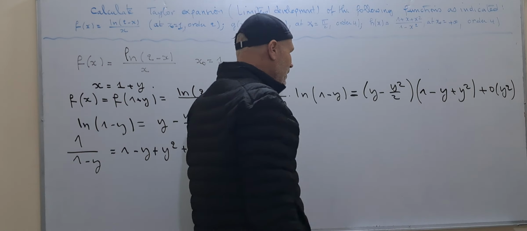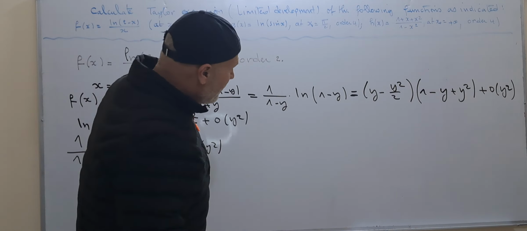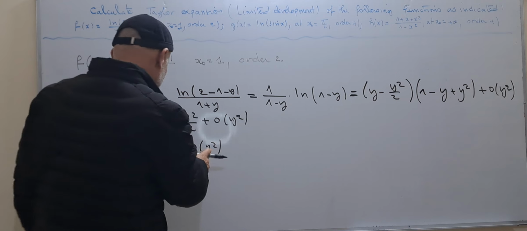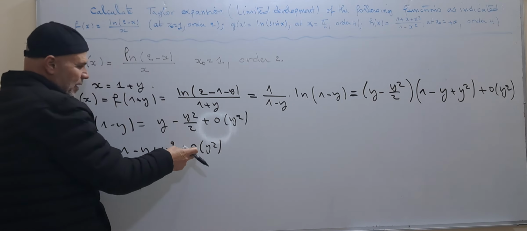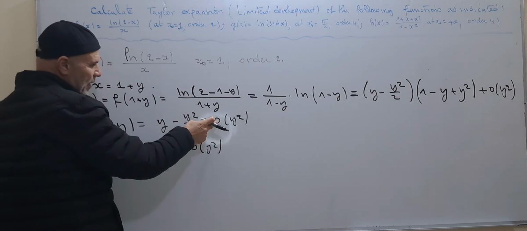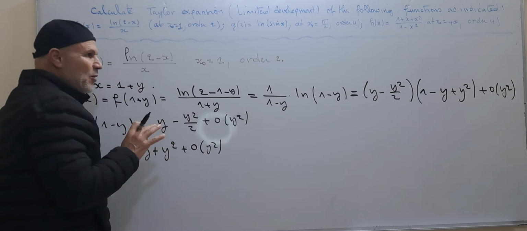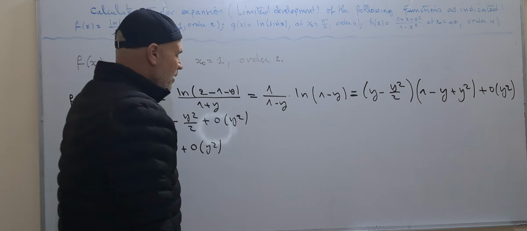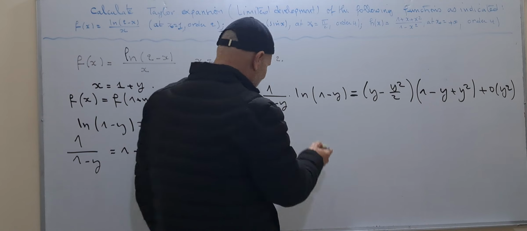This is a technique that allows us to calculate these products. This o of y square and this o of y square are not supposed to be the same, but this is what we use.